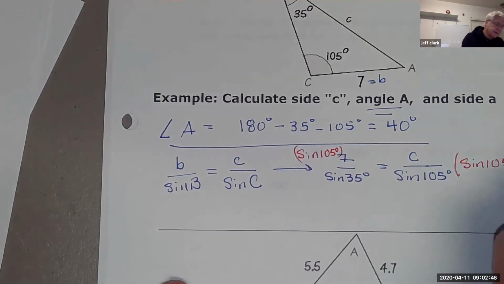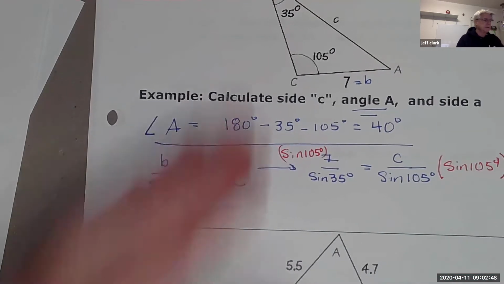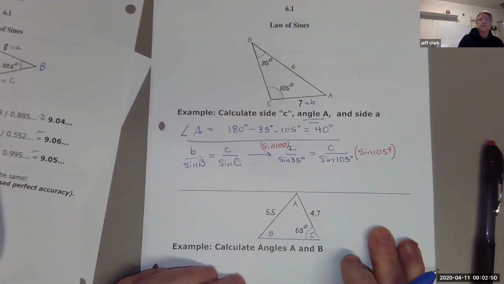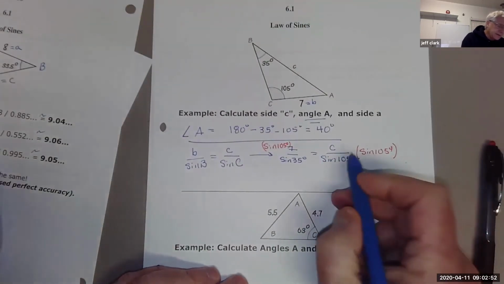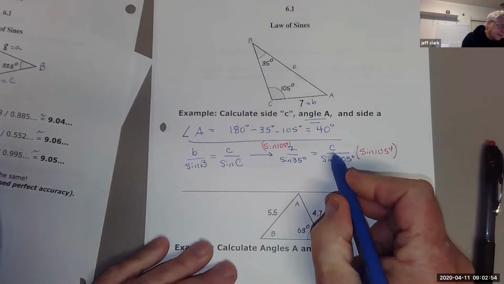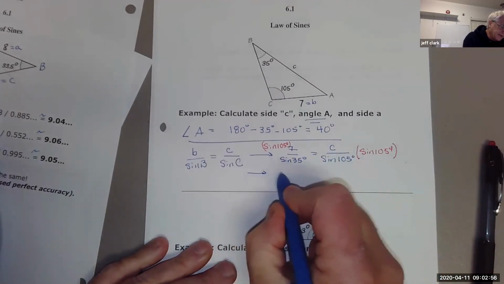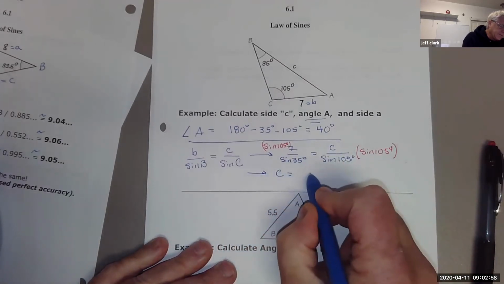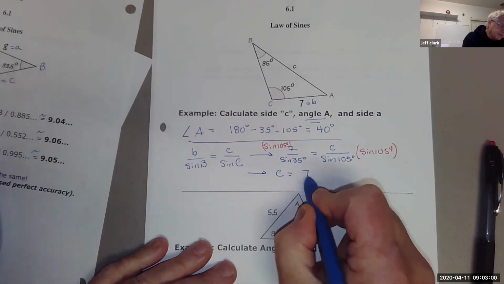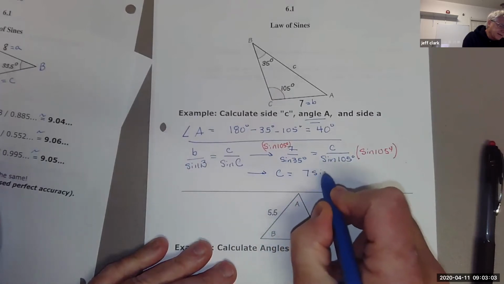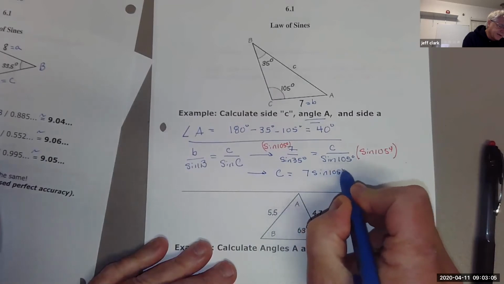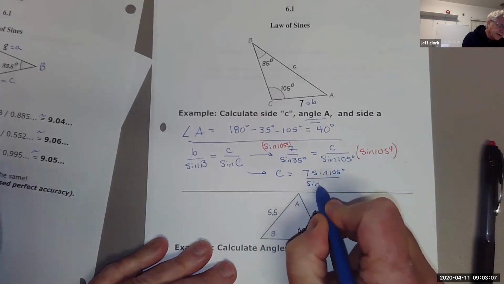And it looks like I get little c here all by itself. So little c is equal to 7 sine 105 degrees all over sine of 35 degrees.